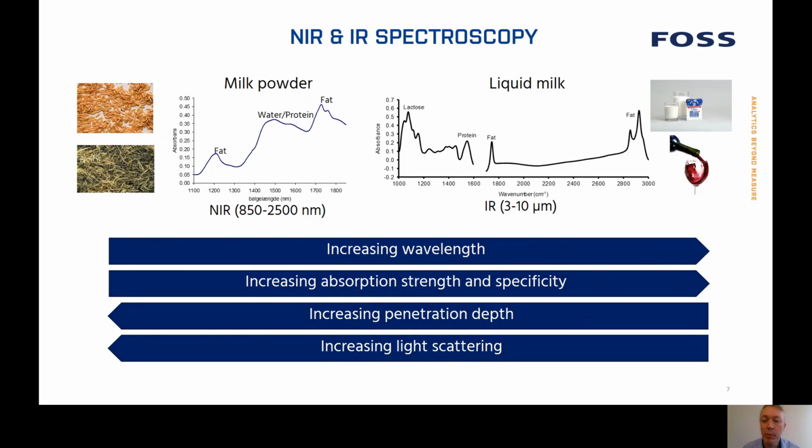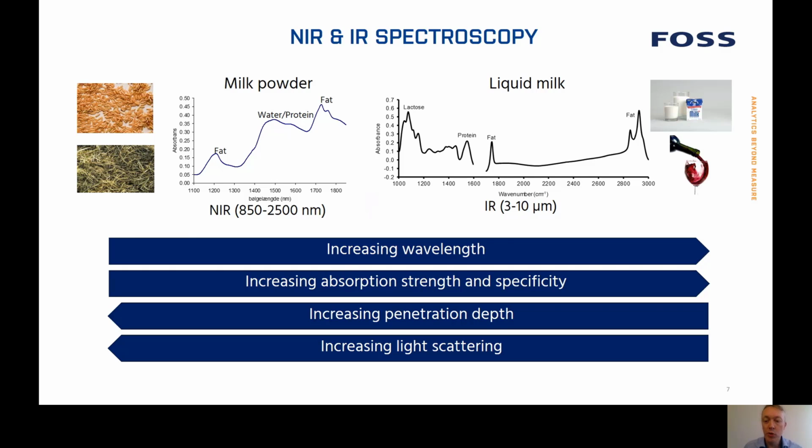Liquid milk and milk powder have many vibrational frequencies in different parts of the optical spectrum. They correspond to fat, protein, lactose, and water molecules. Note that the same molecules may appear several places in the spectrum corresponding to different vibration modes that have been excited.